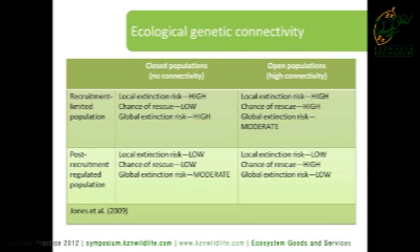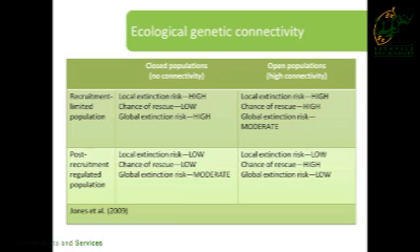Ecological genetic connectivity, as I define it, happens at short-term spatial scales that will give you information about the resilience of a reef, or the capacity of a reef to replenish itself, or from larvae from other reefs.